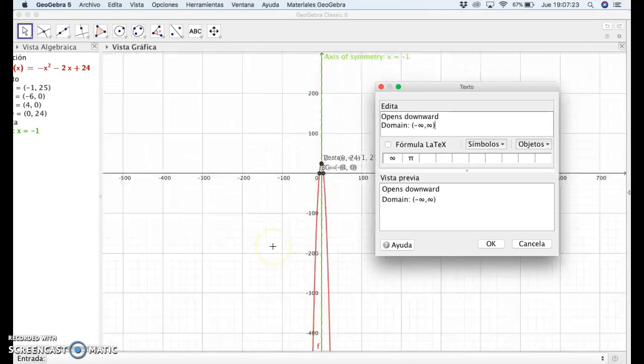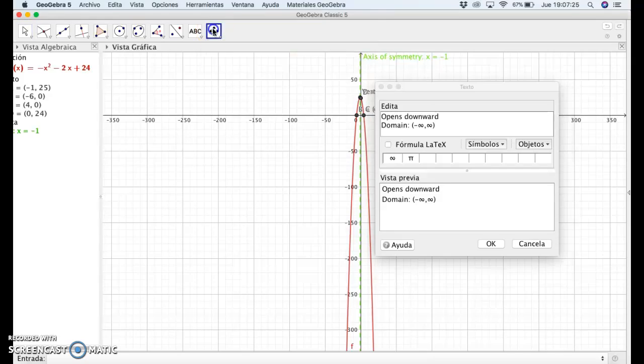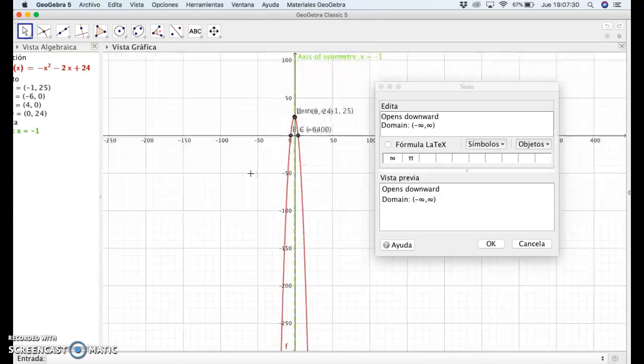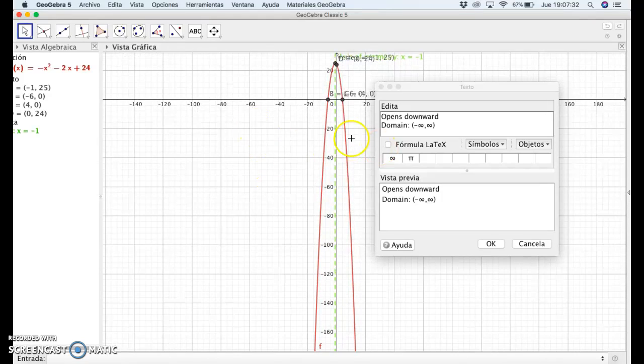It will never stop. And that's why its domain is minus infinity, infinity.